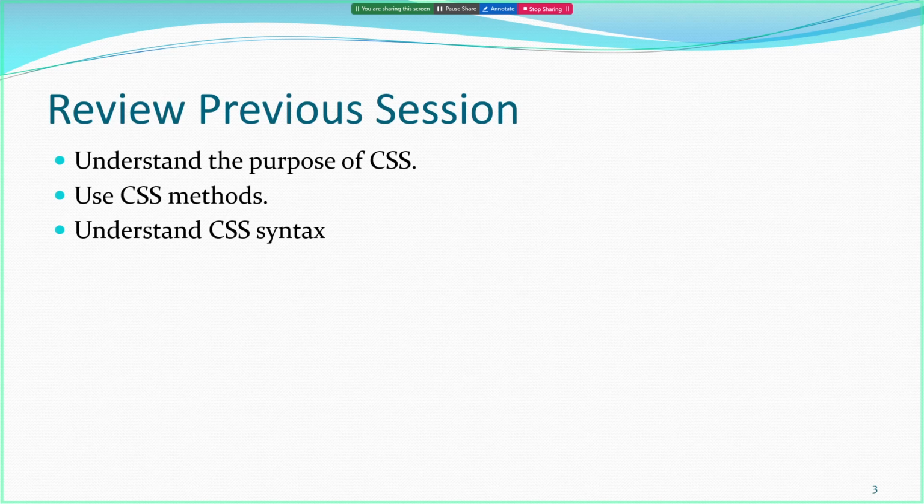So in the last session we talked about how the style sheets can benefit you in your design, and that it doesn't matter how you use the style parameters, whether it's in an external style sheet or inline or internal, the parameters you use are the same.